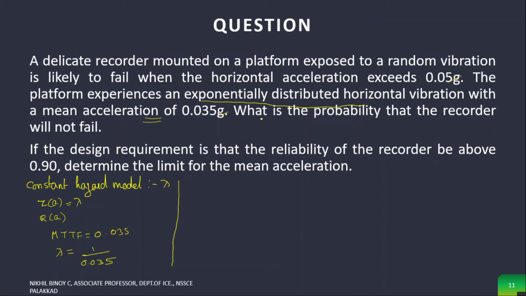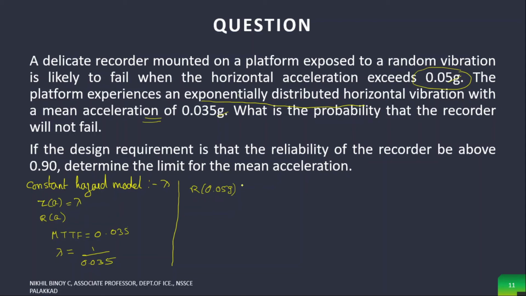Then what is the probability that the recorder will not fail? This is reliability, corresponding to this 0.05 G. G is not important.